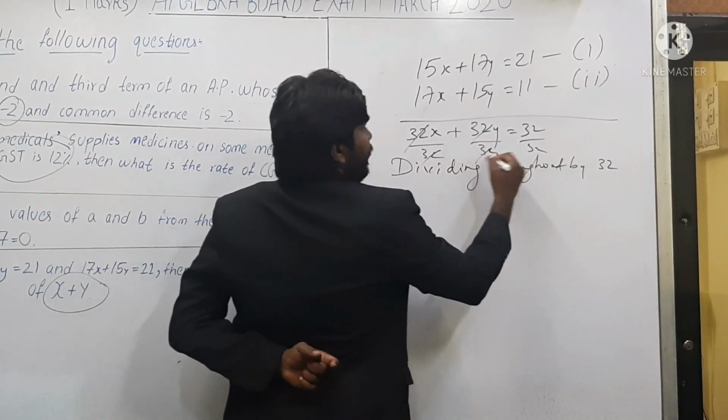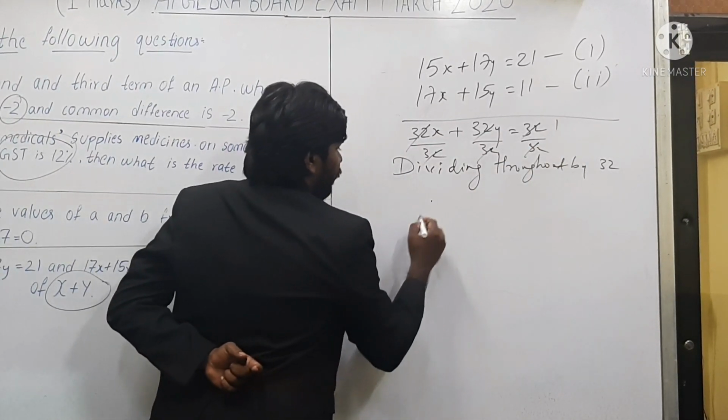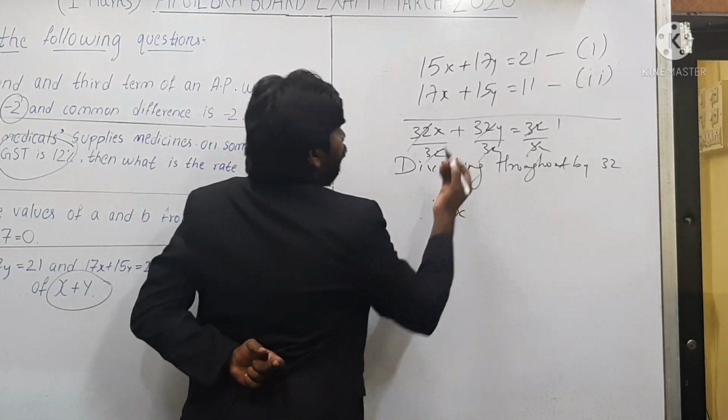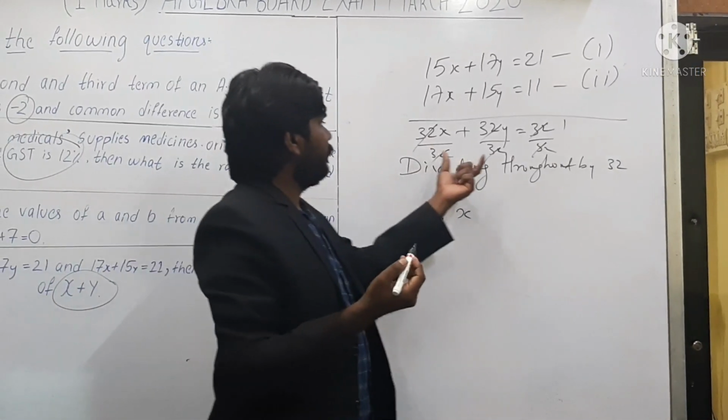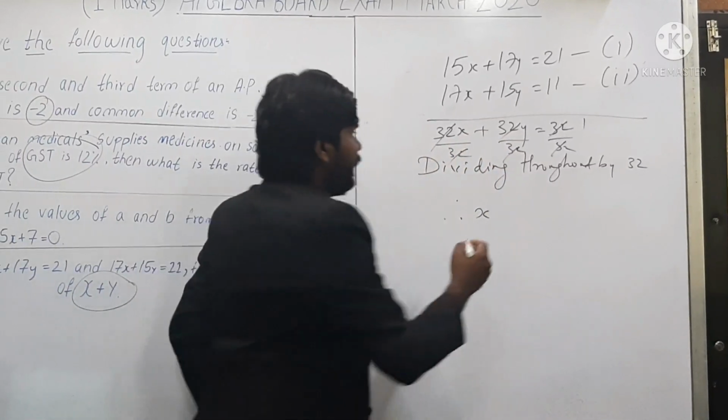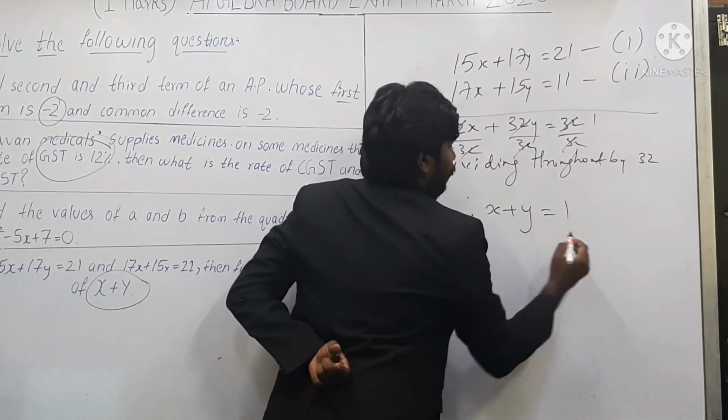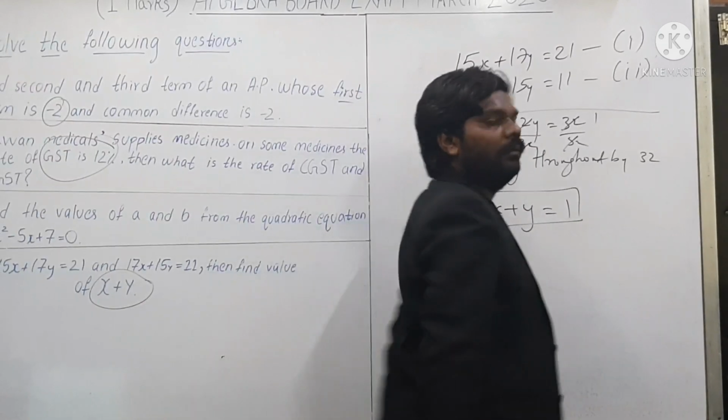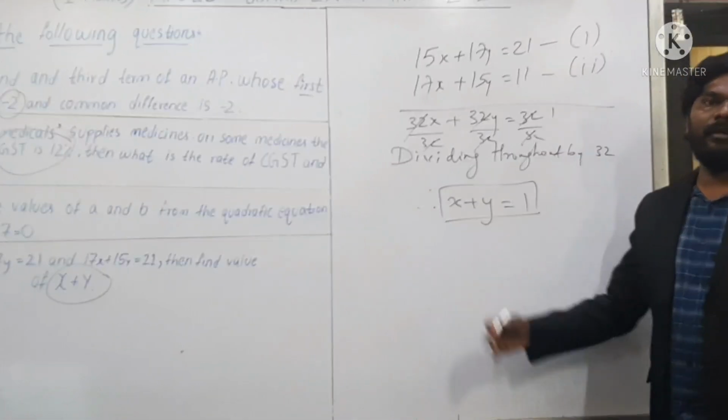So 1 za 1 za 1 za. What is the remaining part? That is x plus y is equal to 1. That is what was asked in the question: find the value of x plus y, that is equal to 1.